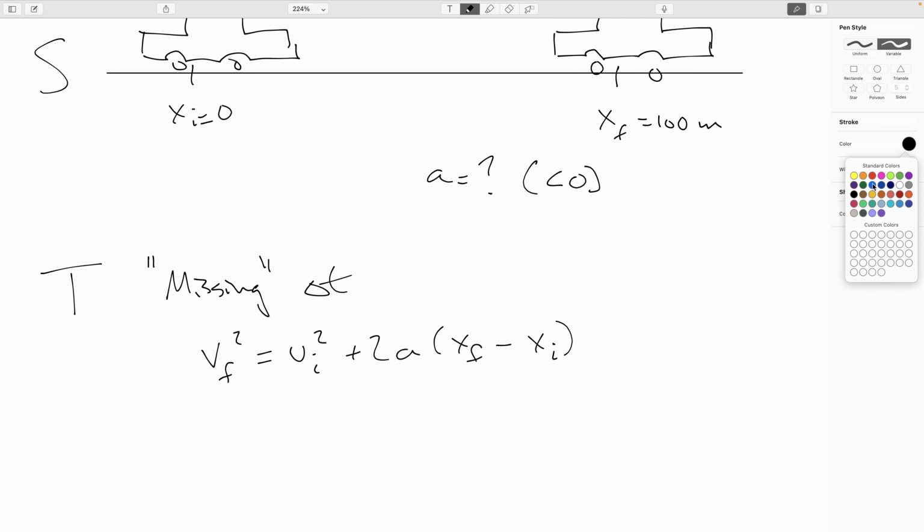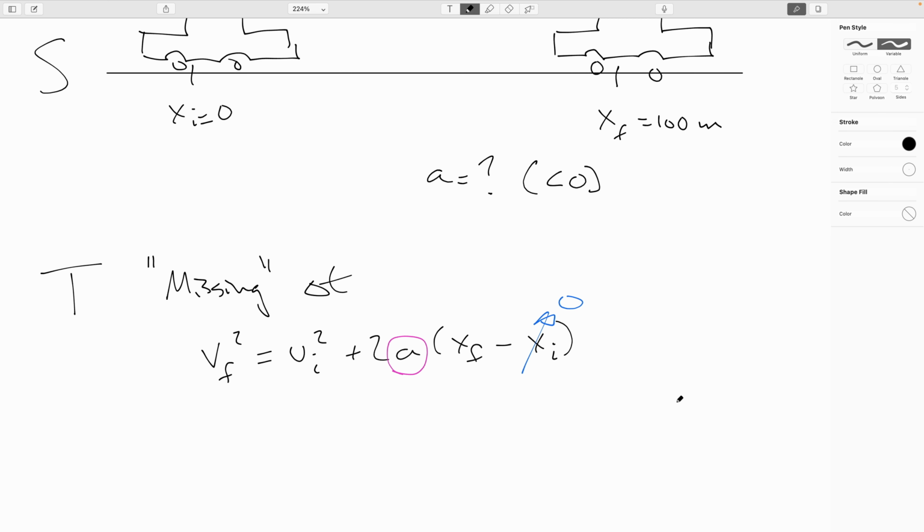And once again, it's okay to put in numbers that are 0, but that's the only number you should ever put in right away. And again, I'm just going to identify what we're trying to solve for here, the acceleration. All right, so we have a relationship where either it's the thing we're being asked for or it's something we've been given, so we're good to go.